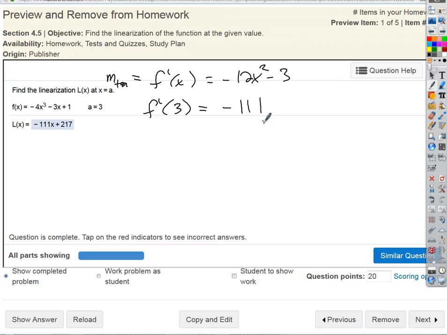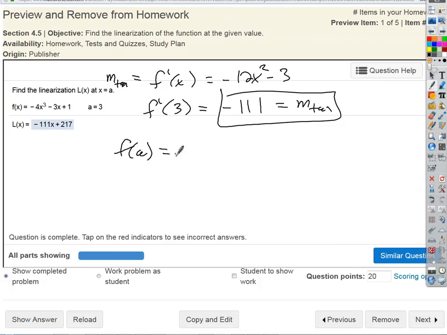And we need a point. So what's the point? We get a is 3, what's f of a? So let's make that f of 3. What's f of 3, if that's our original function?